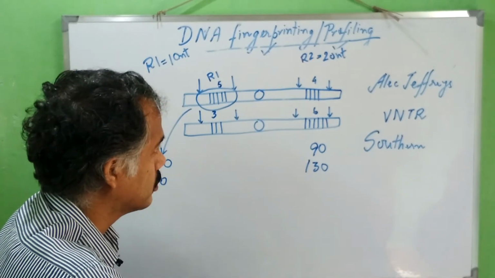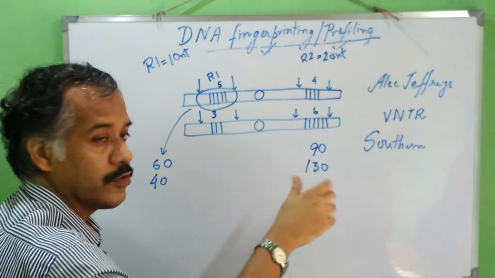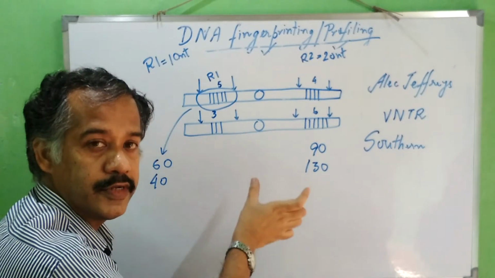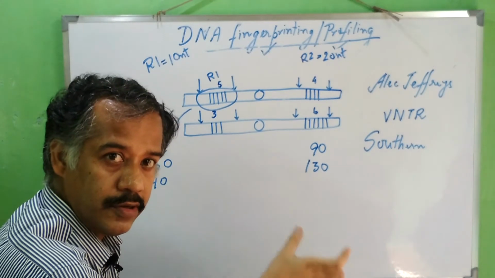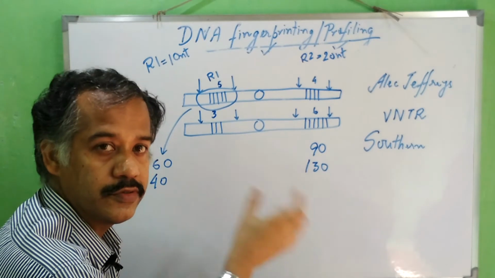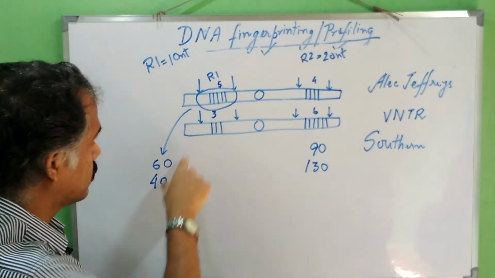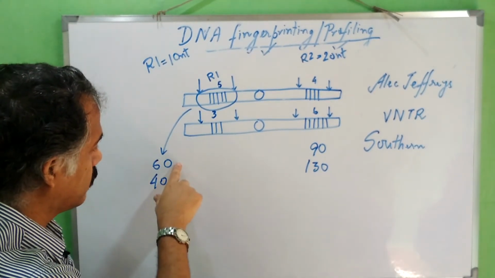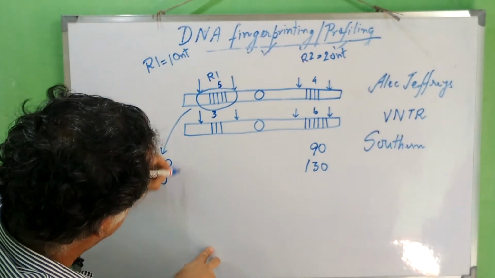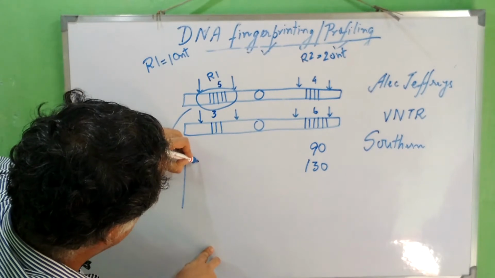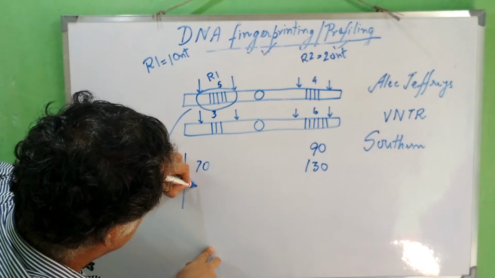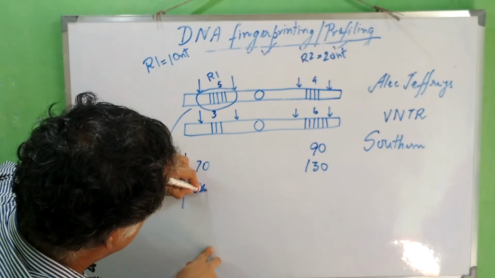What Jeffreys noticed was that if we did this for another person, the size of the fragments was varying because the number of repeats present was different from person to person. So for this person, you got R1 giving you bands of size 60 base pairs and 40 base pairs. For another person, it could be, let's say, 70 base pairs and 50 base pairs.